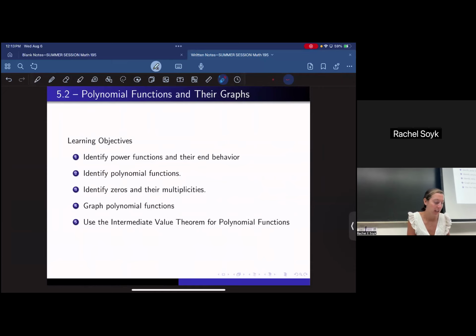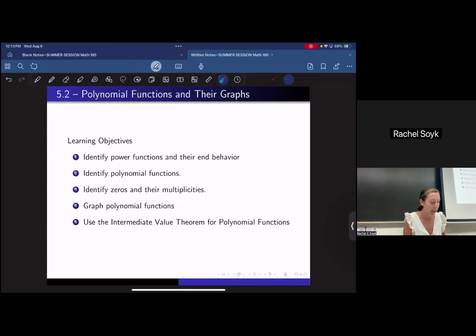Our objectives in this section are being able to identify power functions and their end behaviors, being able to identify polynomial functions, identify zeros and their multiplicities, which you have a brief understanding of from that previous lesson that we just went over, and then graphing and sketching out polynomial functions by utilizing the zeros, their multiplicities, where they bounce off your x-axis, as well as your knowledge of end behavior.